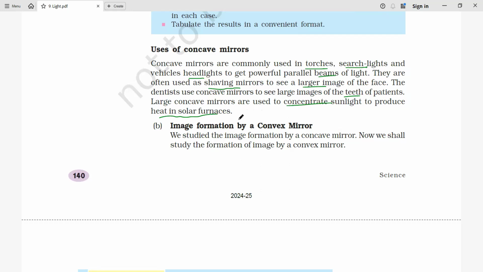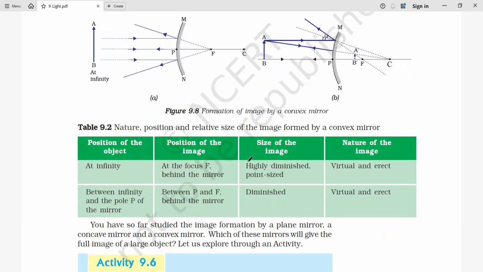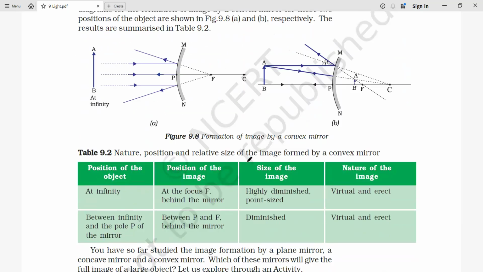Now we are going to see convex mirrors. A convex mirror gives a virtual and erect image. Now we'll see the situations. If the object is at infinity, a parallel beam of light falls on the reflecting surface of the convex mirror, and after reflection it appears to come from the focus.